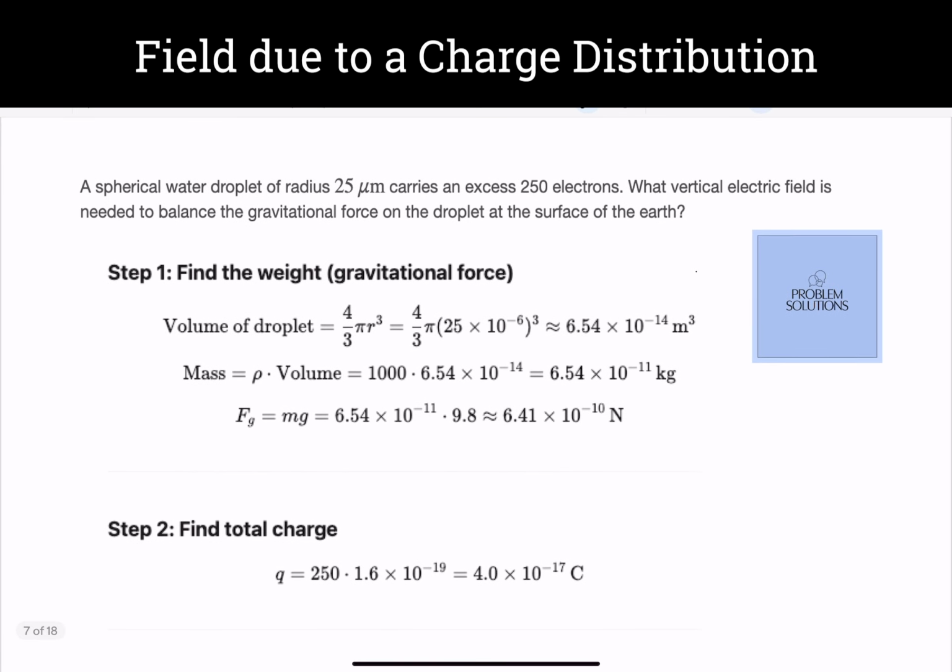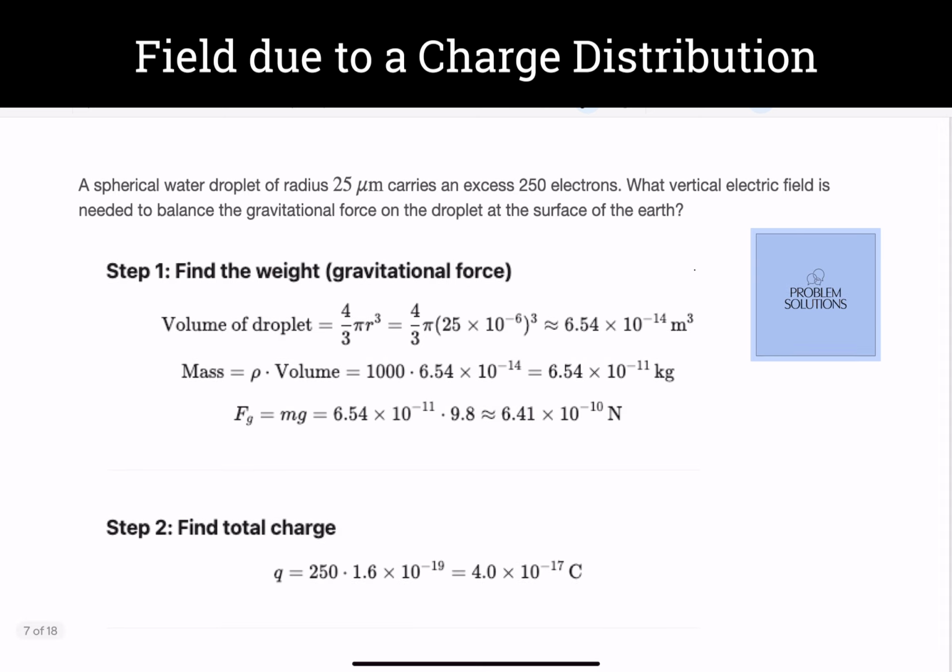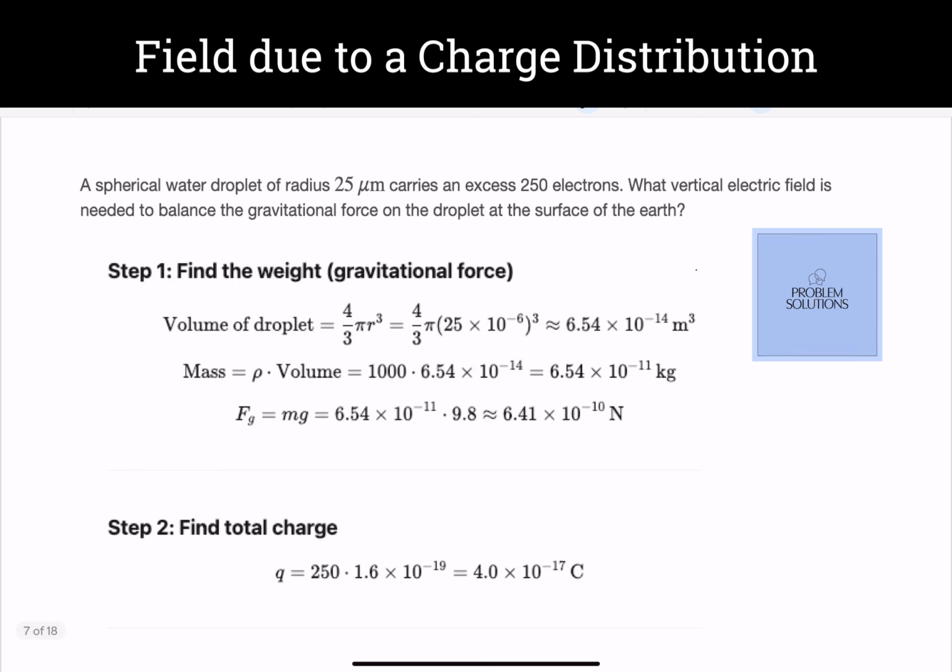Okay, here's the second question. A spherical water droplet of radius 25 micrometer, it's really small, it's a droplet, carries an excess of 250 electrons. What vertical electric field is needed to balance the gravitational force on the droplet at the surface of the Earth? So you have a droplet and the gravitational force is acting down on it.